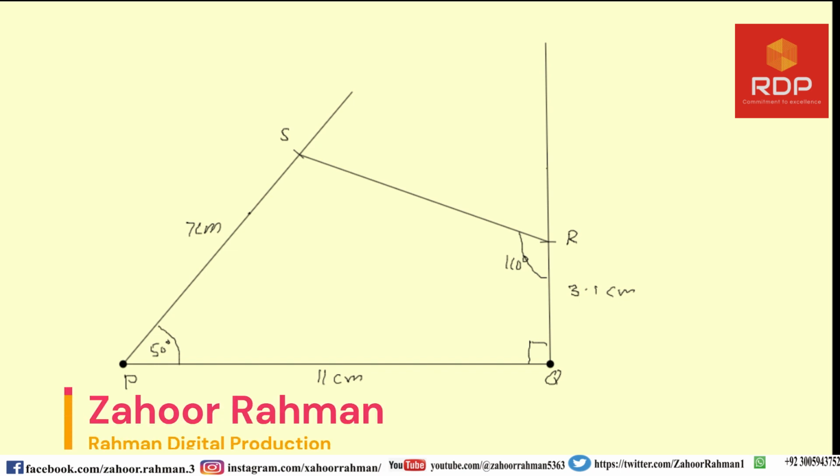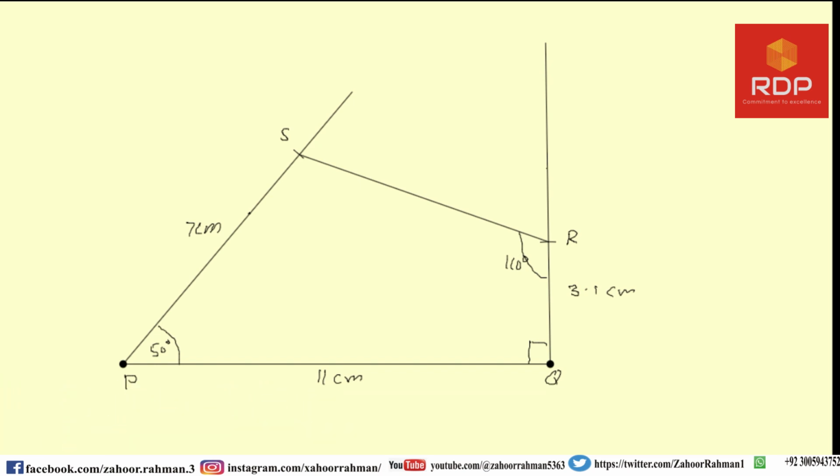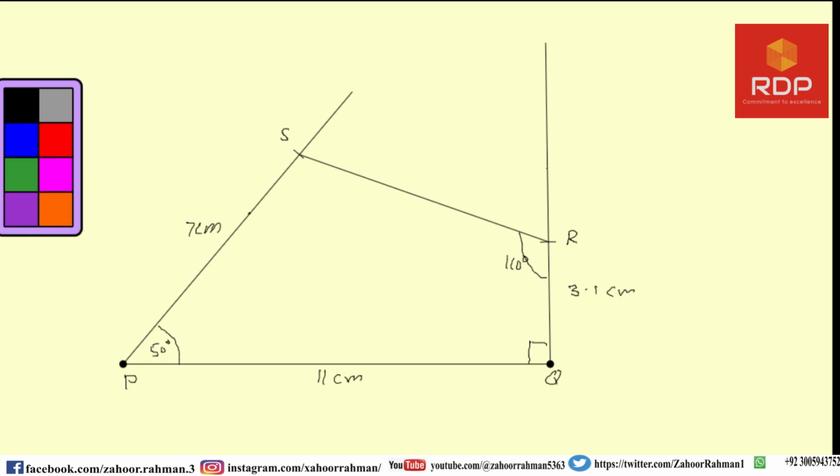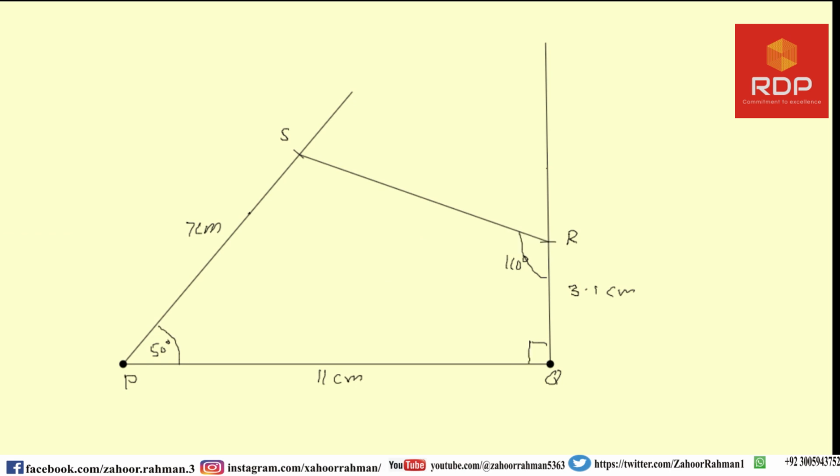Construct a line parallel to PR. That is the PR. Let me first specify this line as PR. So we have to construct a parallel line to this one.